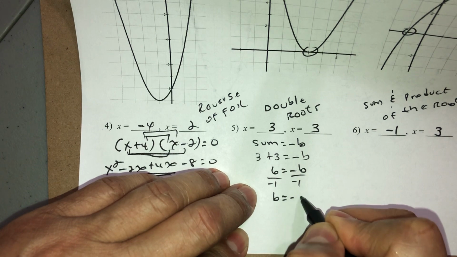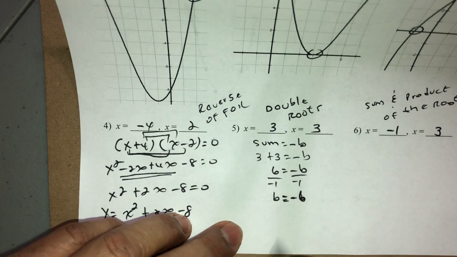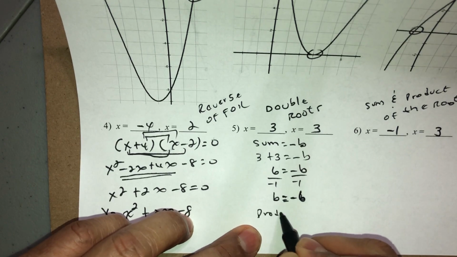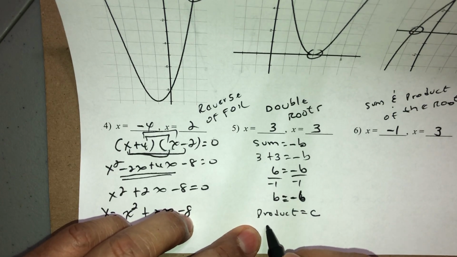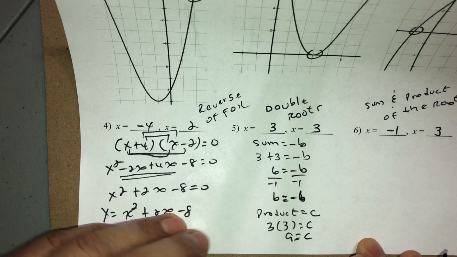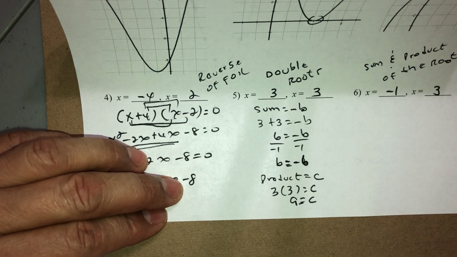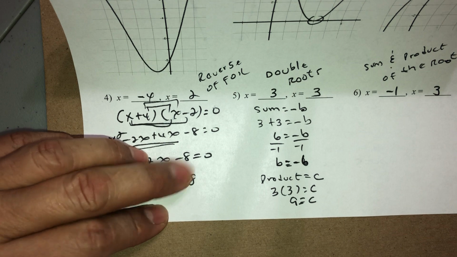So b equals -6. Okay? Now the product equals c. So if I multiply 3 times 3, I get 9. So c equals 9.